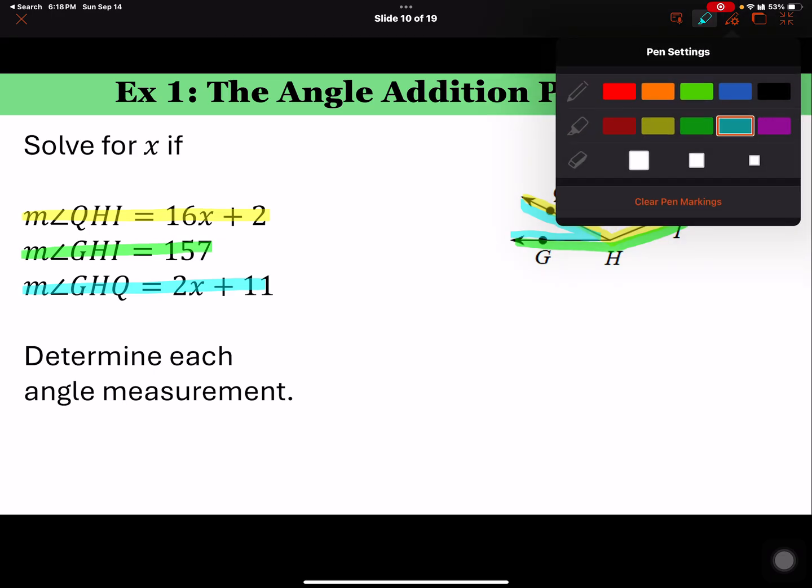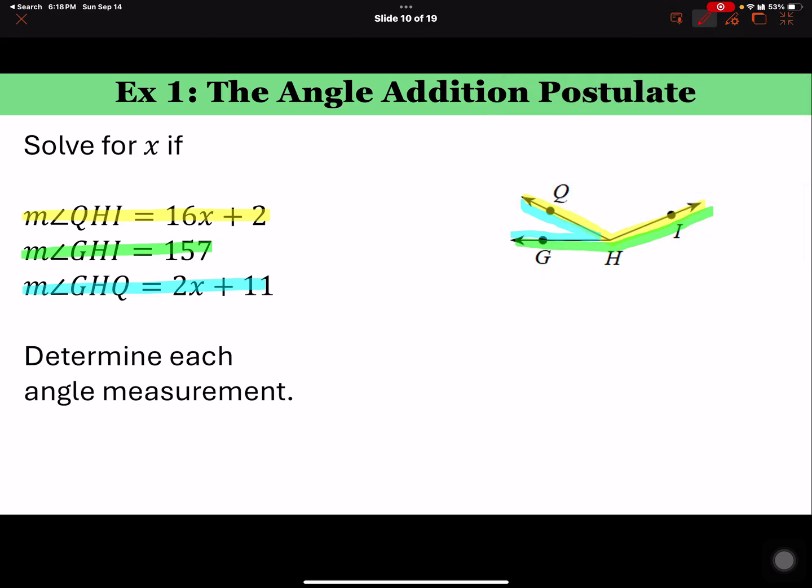Now that I've pieced together which pieces of information go with which angle, I'm able to set up my angle addition postulate. My small angle, angle blue, which is angle GHQ, would have to add to angle QHI, the yellow angle, to equal angle GHI, or my green angle. Sorry, GHQ.